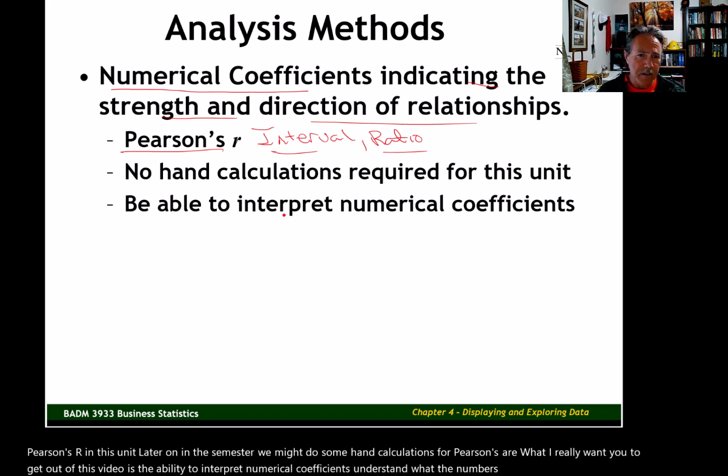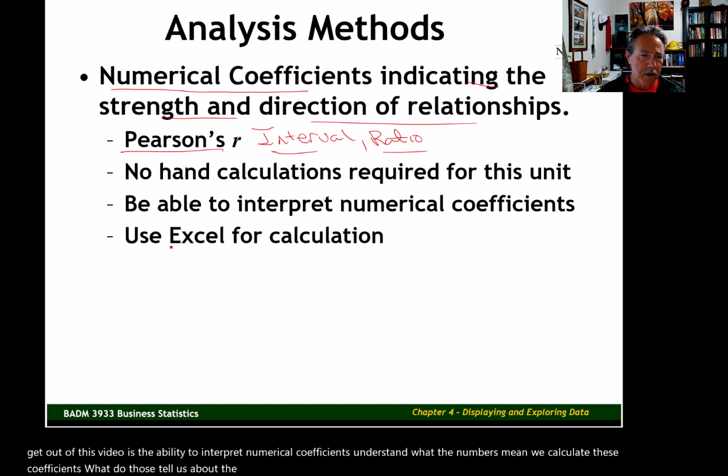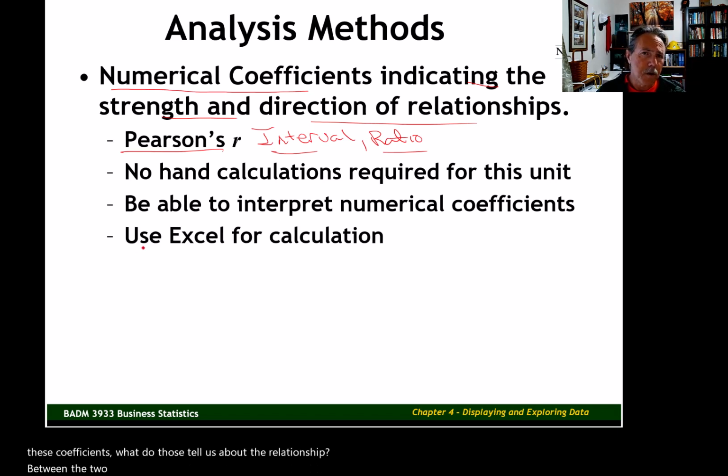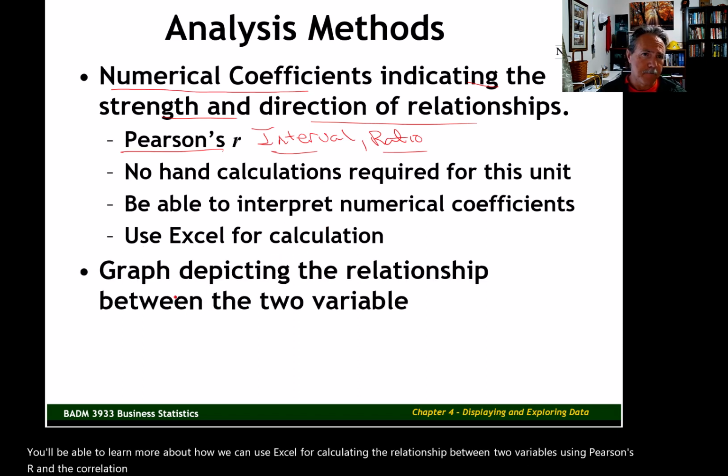We calculate these coefficients. What do those tell us about the relationship between the two variables? Also, you'll be able to learn more about how we can use Excel for calculating the relationship between two variables using Pearson's R and the correlation function in Excel.